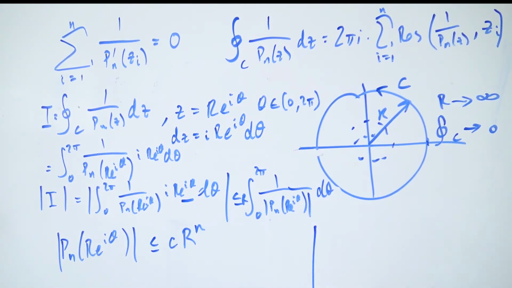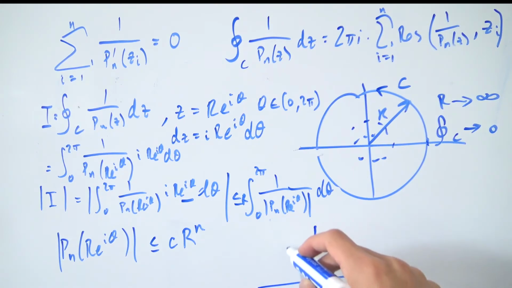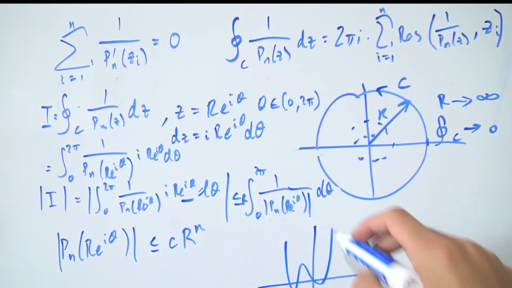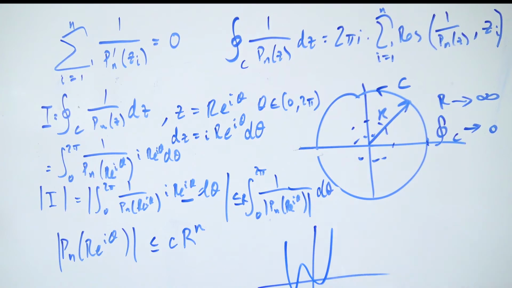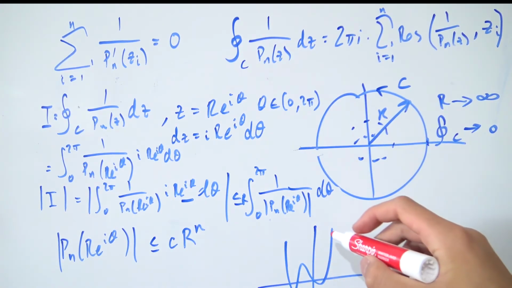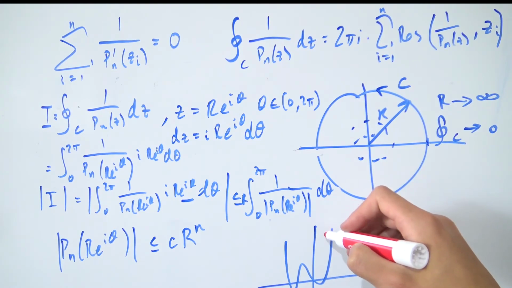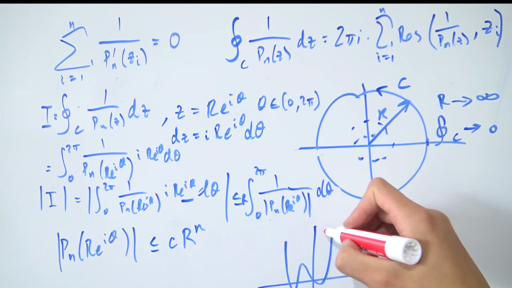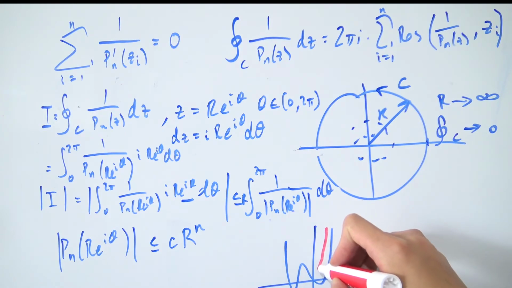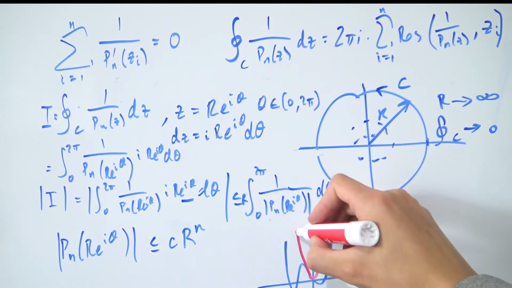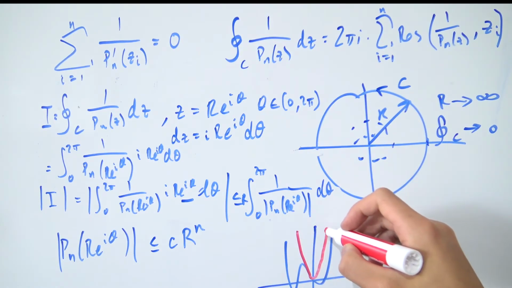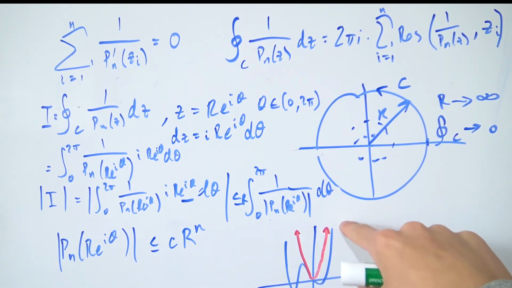If you have some nth degree polynomial, say a quartic for example, and you let r get very, very big, then you can bound this graph with some upper bound c r to the n. So we can bound this by some really big quartic, and that's only for really big r.